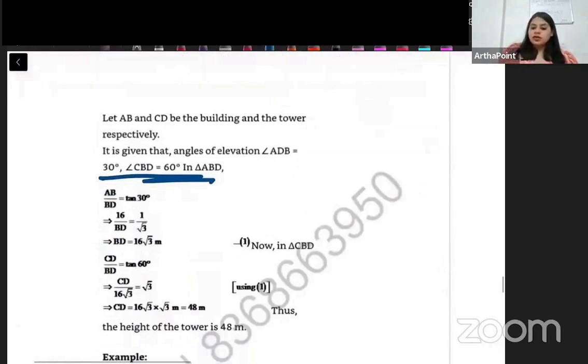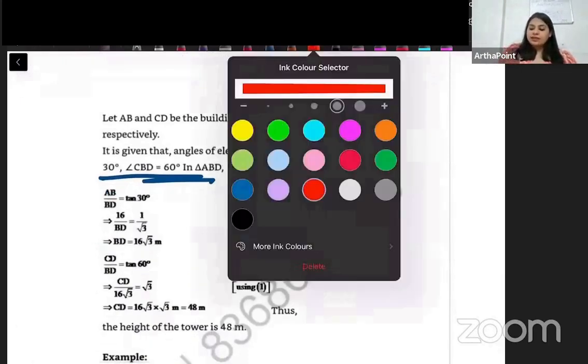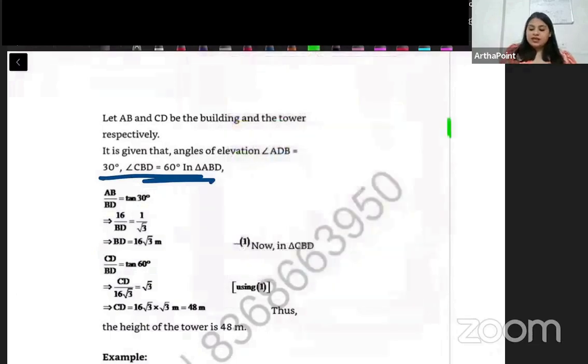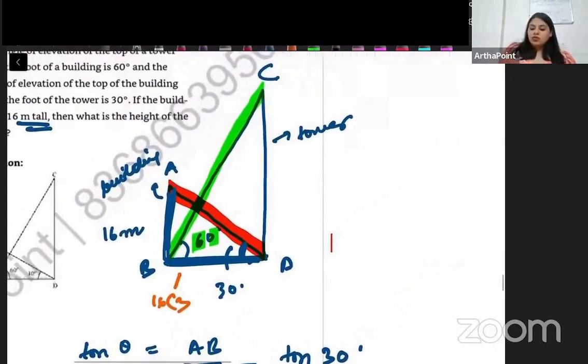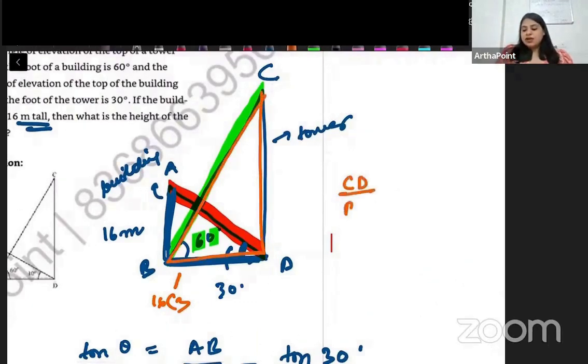So from here, we know that tan 30 is 1 by root 3. We know that AB is 16. BD is not known. So BD will come to 16 root 3. So beta, this BD is now 16 root 3. Now look at this triangle. In this also, tan theta will be CD by BD.